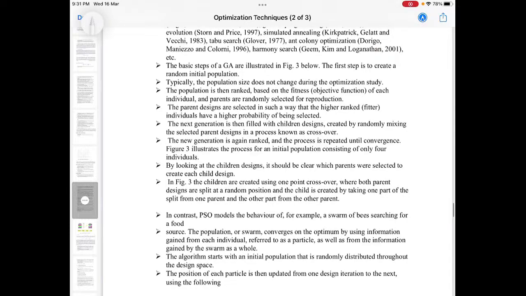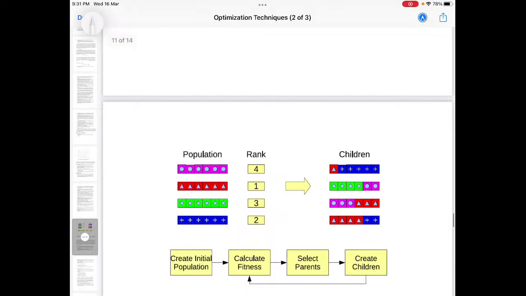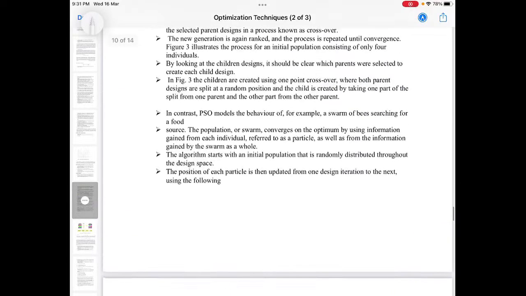The basic steps of a genetic algorithm are as seen in the figure. The first step is to create a random initial population, because it can be from any parent, so the combination can involve any of the parents.